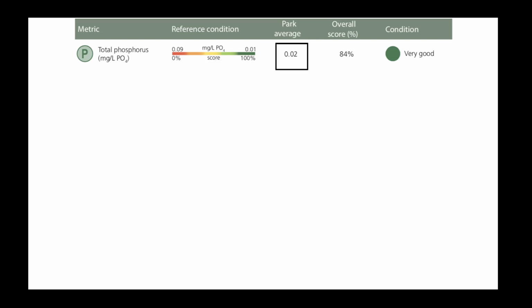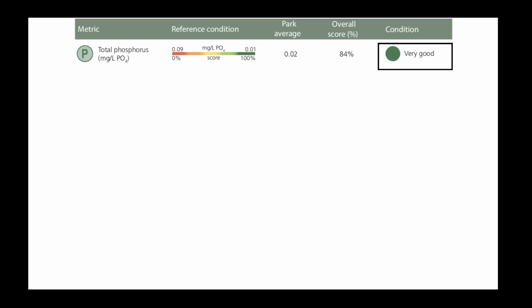Moving to the park average column, we see that in the park we are scoring, the average value is 0.02 milligrams of phosphorus per liter of water. To generate a score, we compare that value to the reference conditions. Because 0.02 does not meet the reference condition for a 100% score, it is scored along this scale from 0 to 100%, receiving an overall score of 84%.